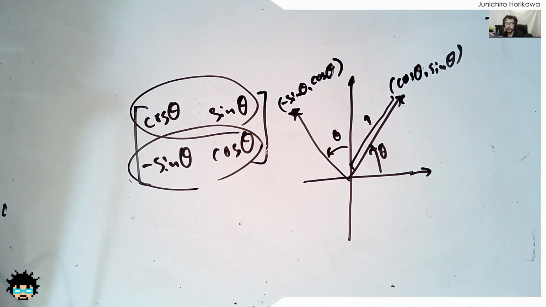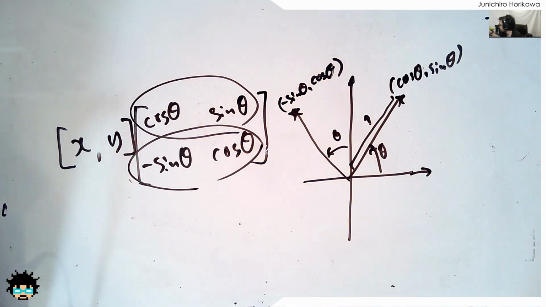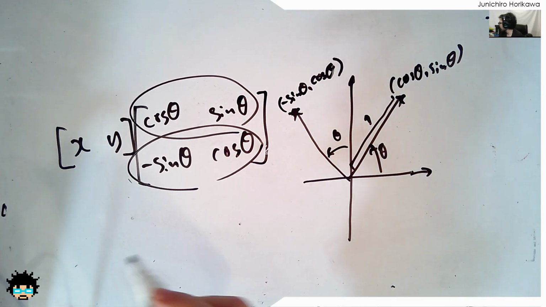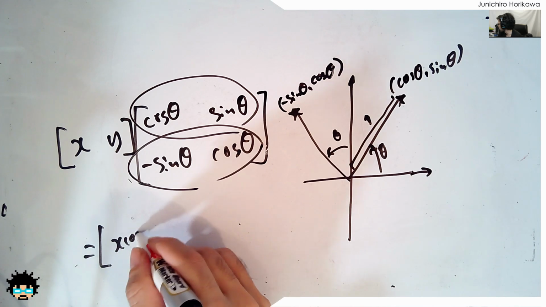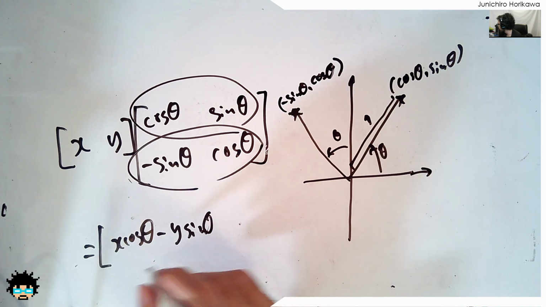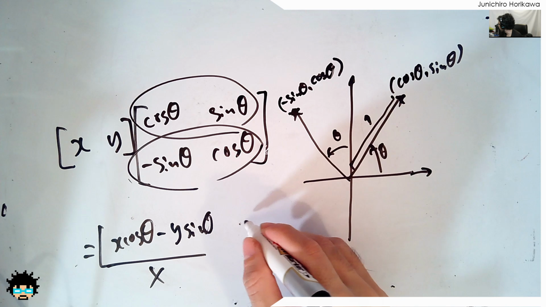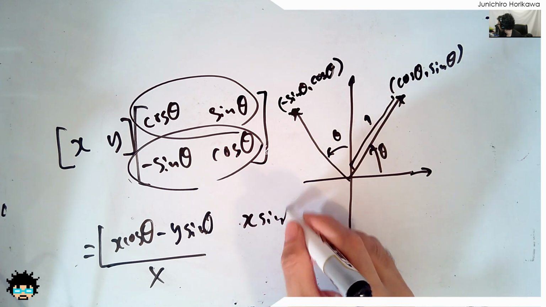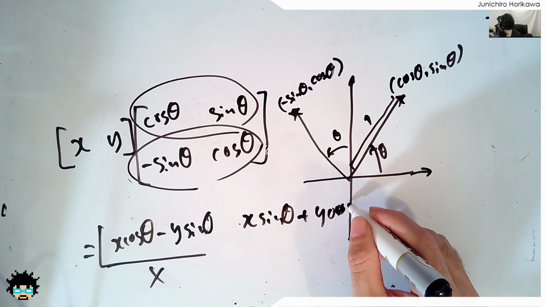Now if you try to multiply this 2x2 matrix with a vector 2, in this case x, y, from the right hand side, what you get as a result is x cosine theta minus y sine theta for the new x value, and for the y value, x sine theta plus y cosine theta.